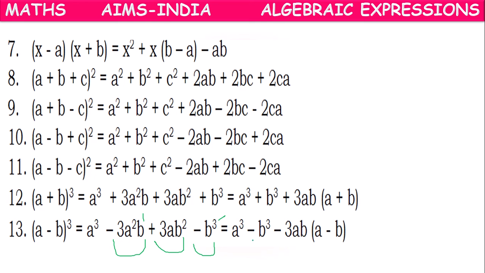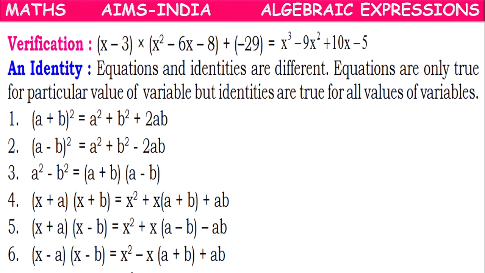We can also write in this way, all with minuses. Instead of all plus symbols, we can keep minus. a cube minus b cube minus 3ab into a minus b. Like that also we can write. These two are one group, children. You have to remember them separately. So these are the identities which are to be remembered.